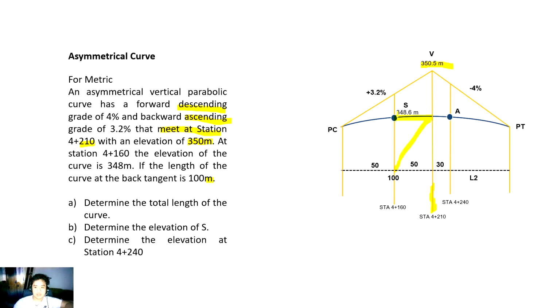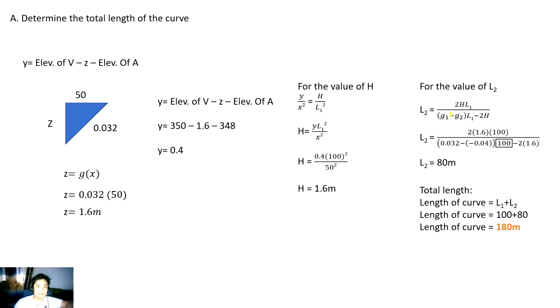348. Okay. So, yung y natin is 0.4 pag pinag-minus na silang tatlo. Then, for the value of h, y over x squared equals h over L1 squared.